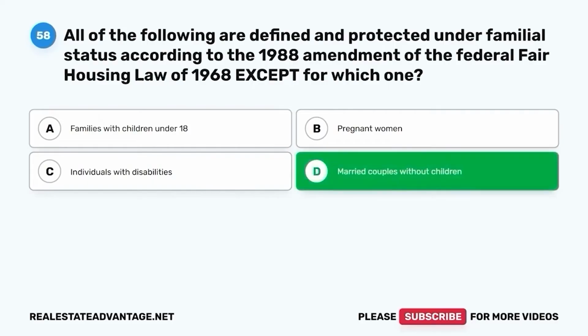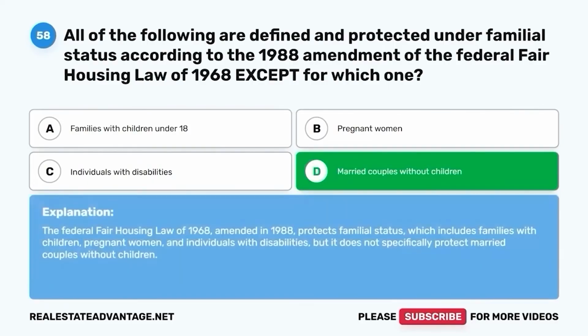The correct answer is D, married couples without children. The Federal Fair Housing Law of 1968, amended in 1988, protects familial status, which includes families with children, pregnant women, and individuals with disabilities, but it does not specifically protect married couples without children.